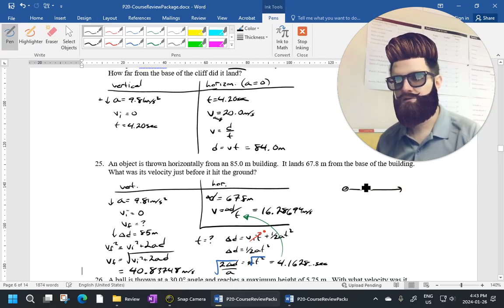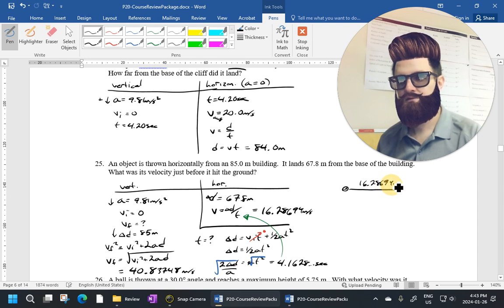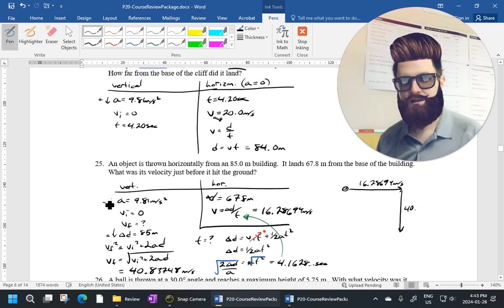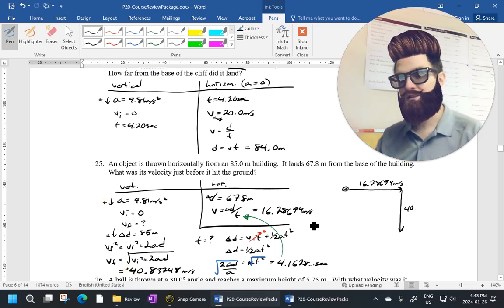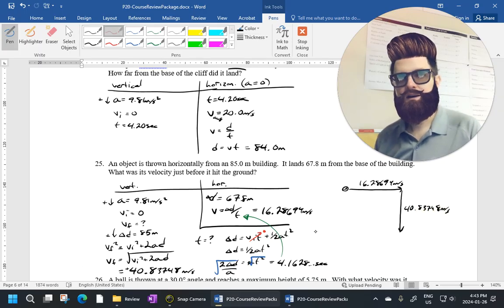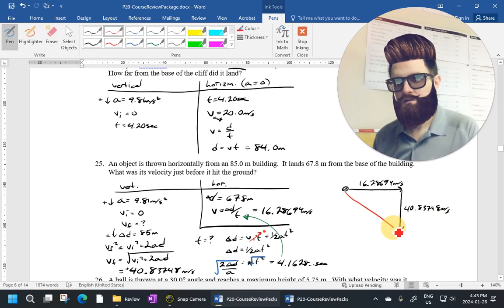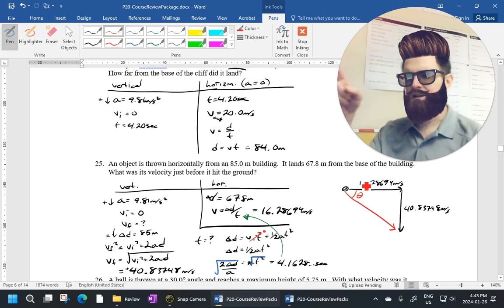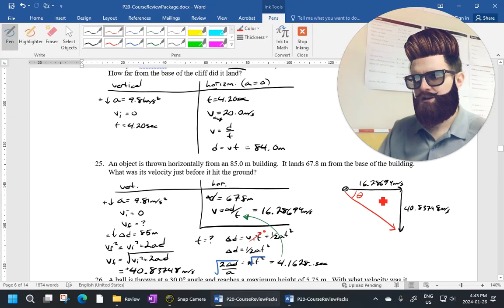So it has a horizontal velocity of 16.28694 meters per second, and then it has a vertical velocity downwards, because I said down was positive, so everything was positive here, so that makes sense that this be a positive number because it's going down. 837 meters per second, and we're going to find out these two things, this angle of depression. I'm not going to find the standard positioning, I'm just going to find that angle of depression.